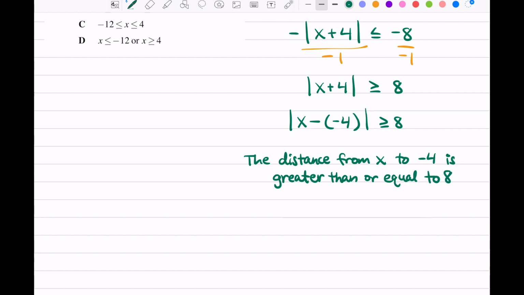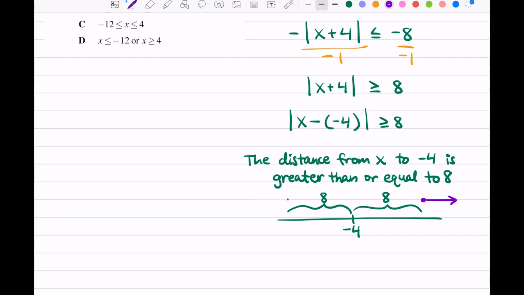So let's draw this on a number line. We can mark negative 4, and the distance from x to negative 4 is greater than or equal to 8. So let's go 8 steps on each side. So x could be 8 steps away, or it could be greater than 8 steps away.